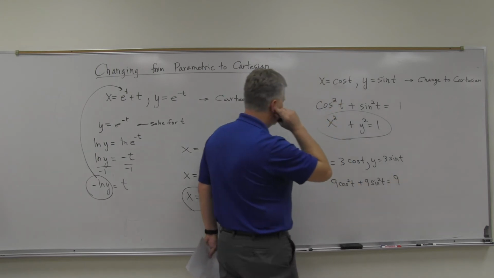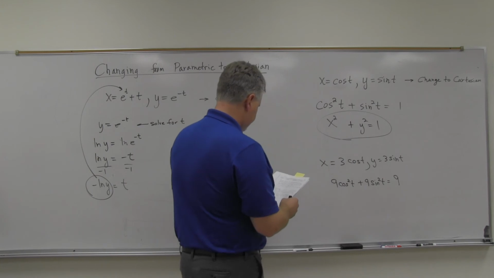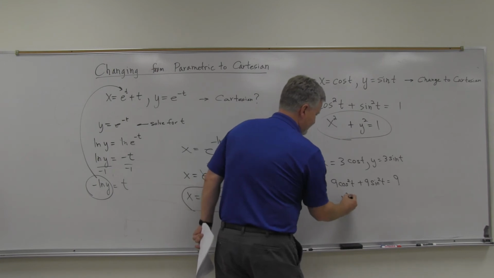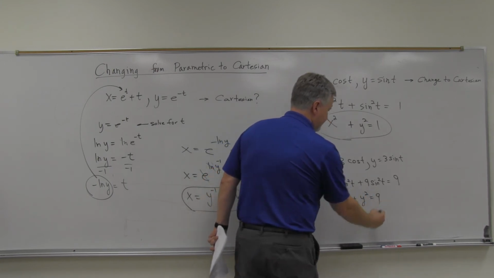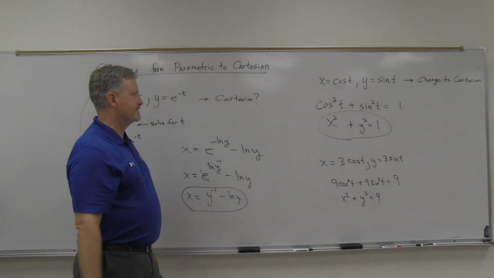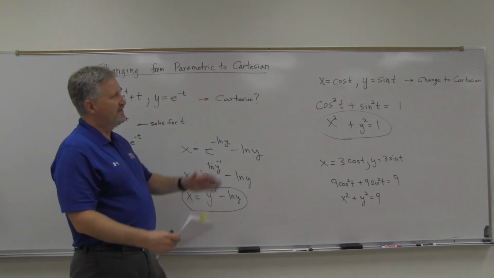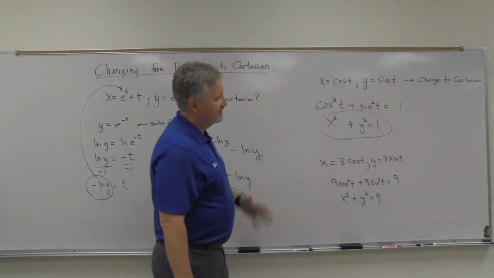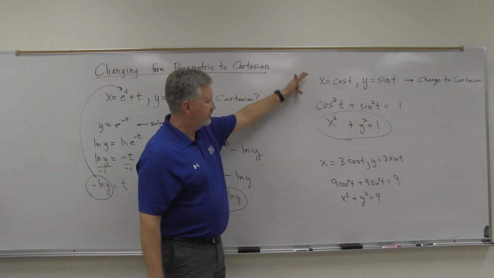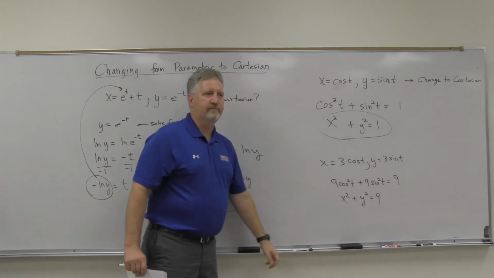And then 9 times 1 in there gives me 9. So that's x squared plus y squared, so that's circle radius 3. Just an interesting little thing. If it's not cosine t and sine t, that's a little different. But they did want to point out that this is going to give me a circle radius 1, and if you put the 3's in front, that'll give me a circle radius 3.